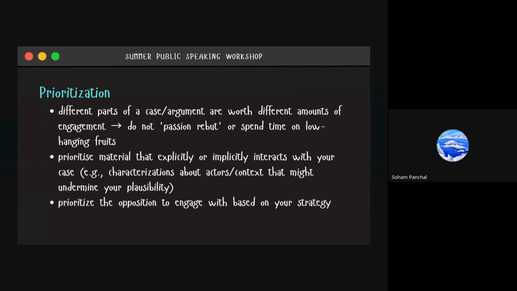For the example of AI, if you're the opposition and you have discussed in your prep time that you will only discuss the goods of AI, and to rebut the harms of AI you would say we will control the use of AI very carefully and strictly, then you don't need to rebut things which are not in the scope of your own case, or not the burden of your own house. That is how the prioritization works.